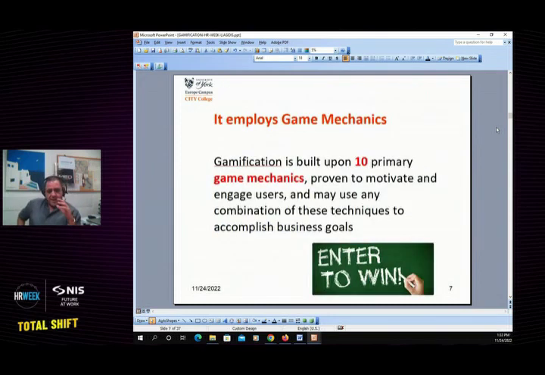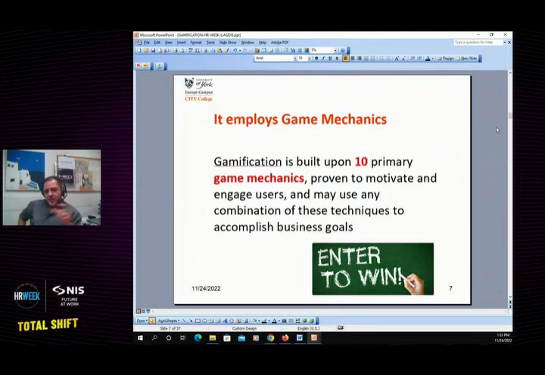So, gamification is a stolen idea from what games are like. We need to understand how games work and what clever game developers include in their games to make them so interesting and engaging.